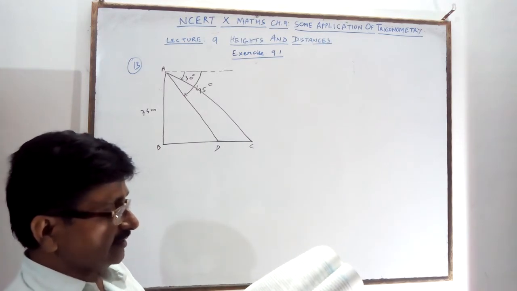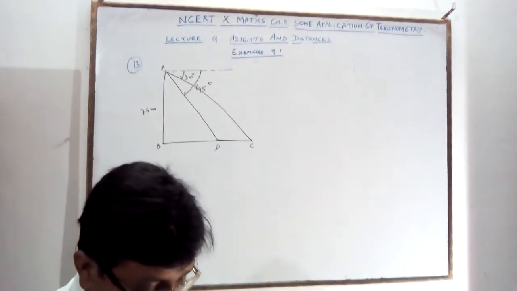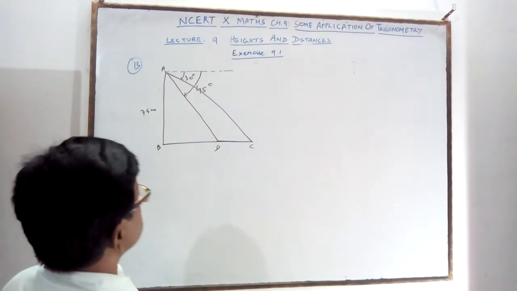If the ships are exactly behind each other, find the distance between the two ships.